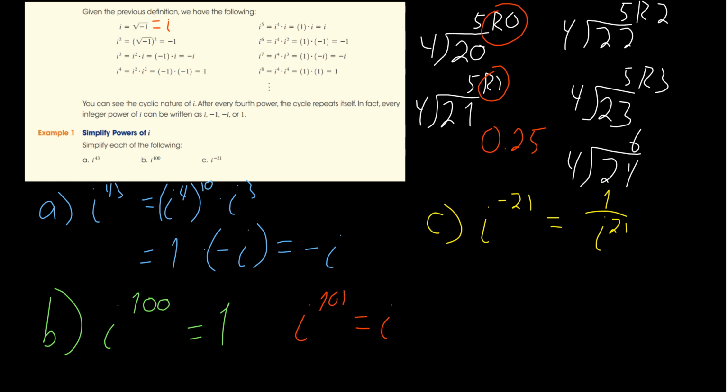Well, I to the 21 power, luckily we did it up here, purely on accident, actually. 21 divided by 4, we said, is 5 with a remainder of 1. That remainder of 1 corresponds to I. So this is the same thing as simply saying 1 over I.